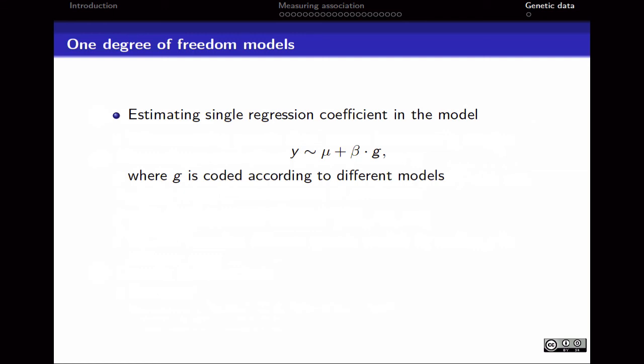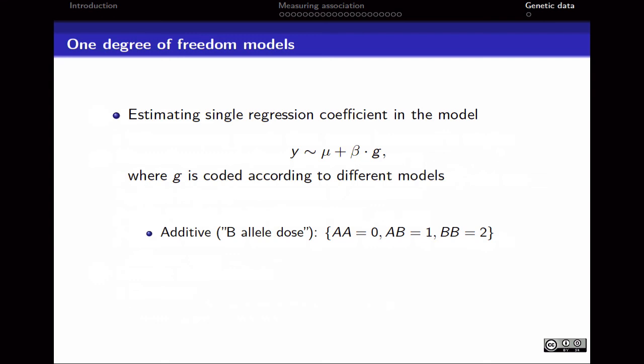So we are going to formulate a simple single regression coefficient model where G is coded according to different models. First of all, the additive or B allele dose model would assume the following coding. You say this is B allele dose, and in AA genotype there are no B alleles, so the dose of B is 0.